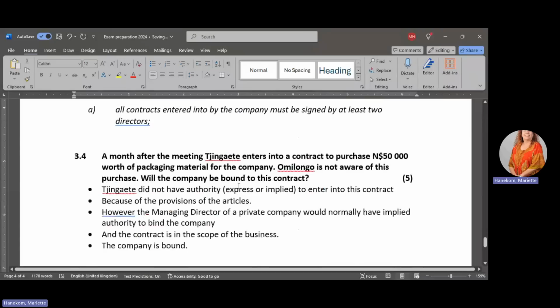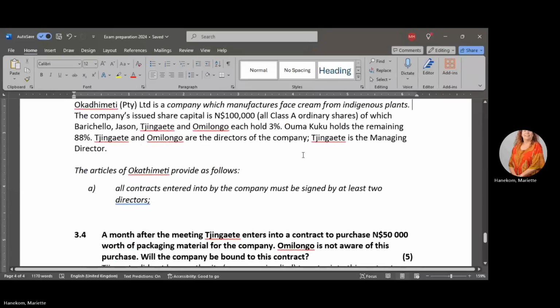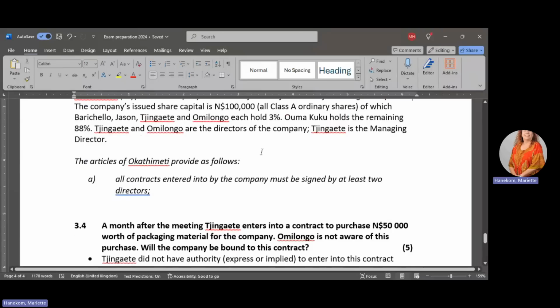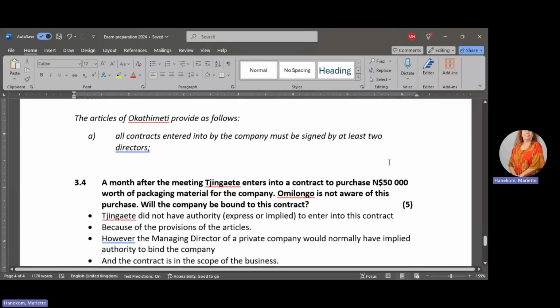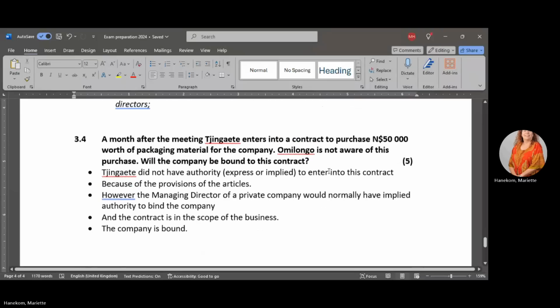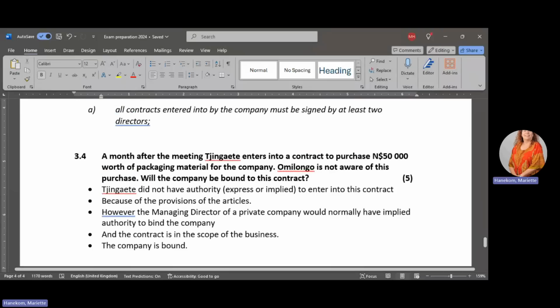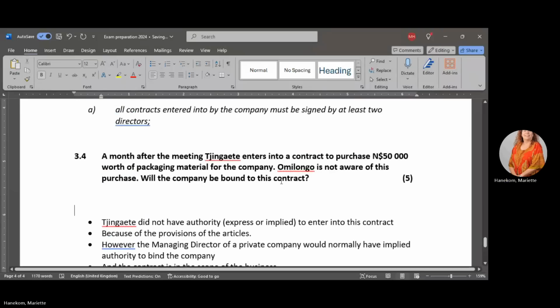Omilongo, his fellow director, is not aware of this purchase. We've got Shingaite and Omilongo as the directors. All contracts entered into by a company must be signed by at least 2 directors. Before we start looking at the answer, just the law. When will a company be bound?